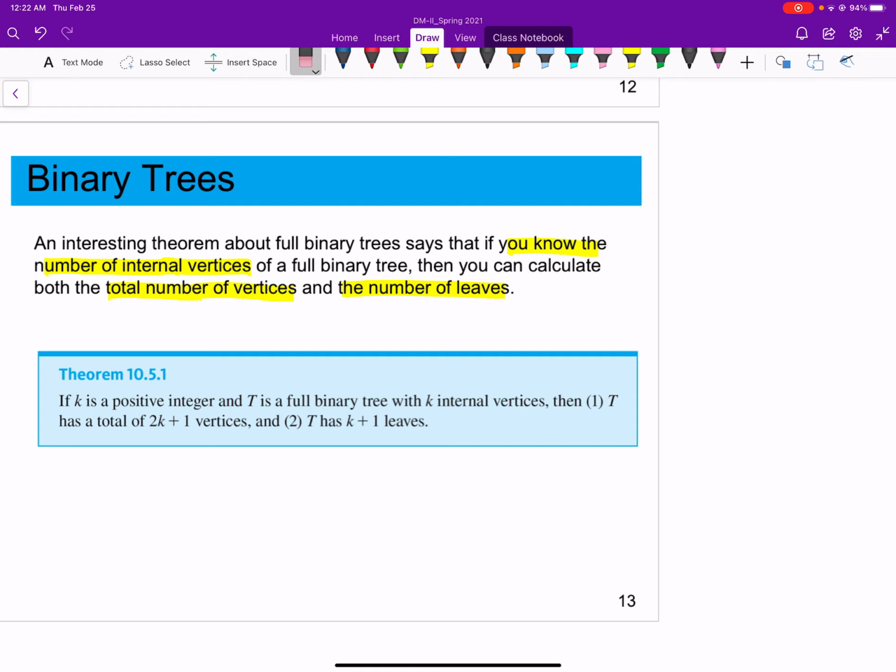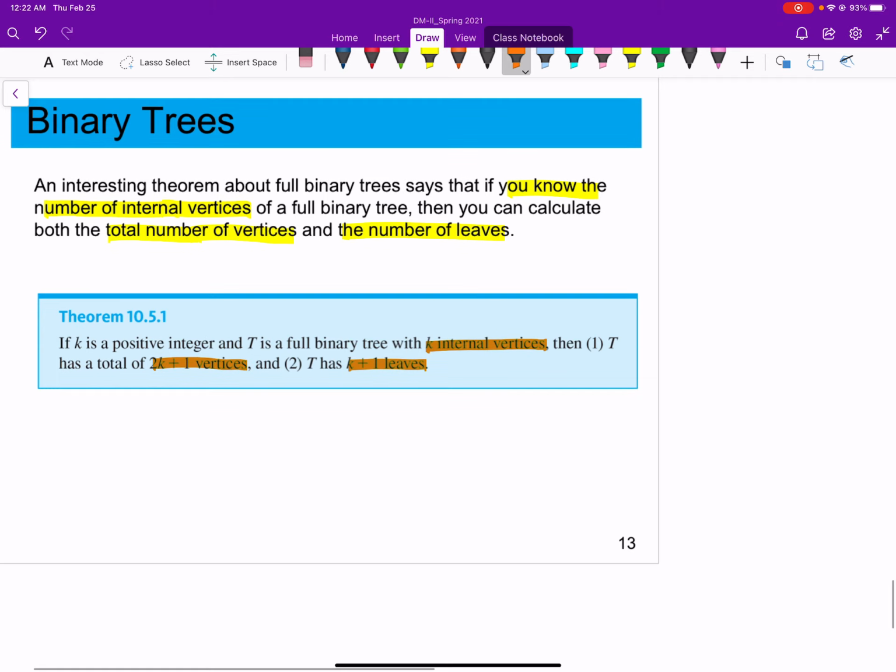So that is the theorem given right here. If k is a positive integer and t is a full binary tree with k internal vertices, then t has this many vertices and that many leaves. Let me discuss one quick example. Let's say you have a tree like this.